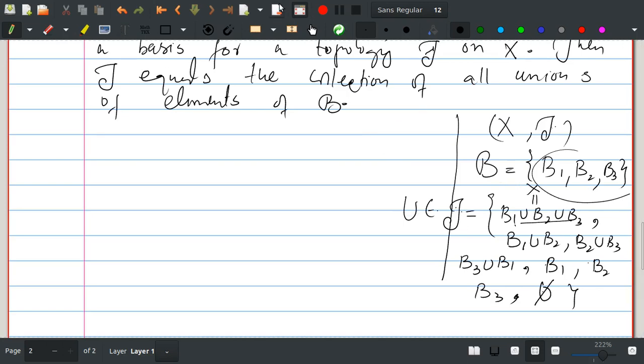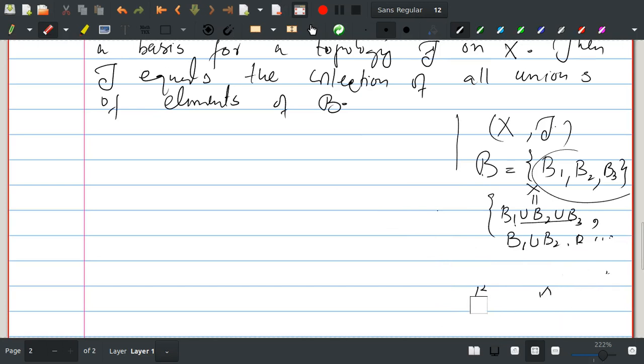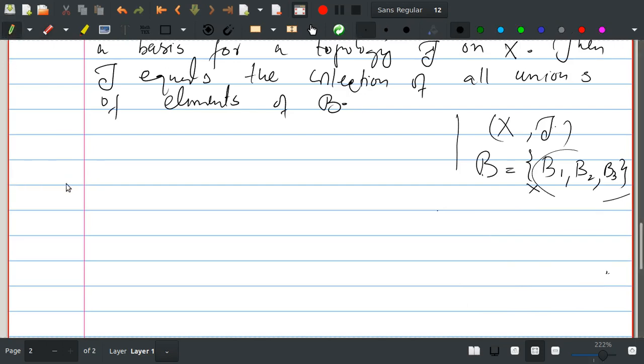Let us prove this. So first of all, we are going to prove that if I take union of any number of elements of this fancy B, that union has to be an element of tau.